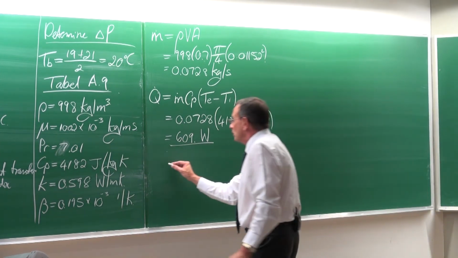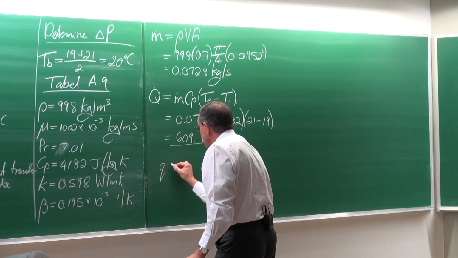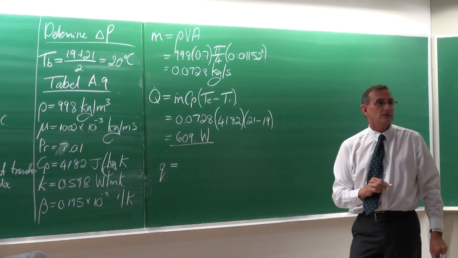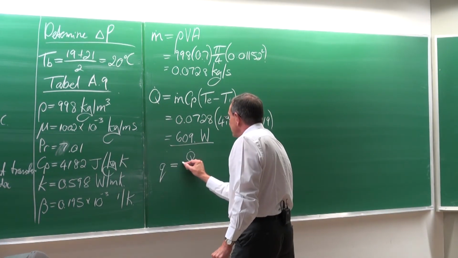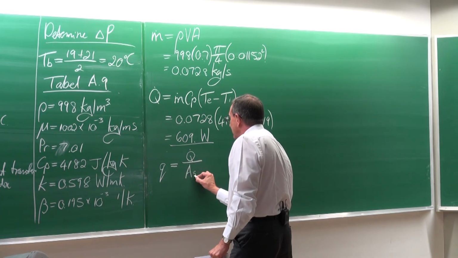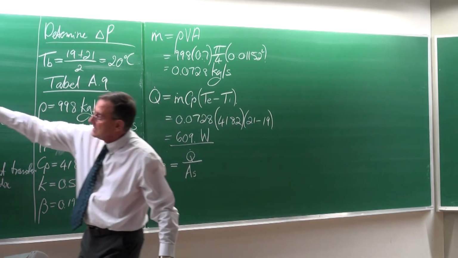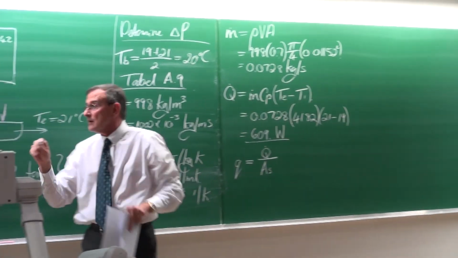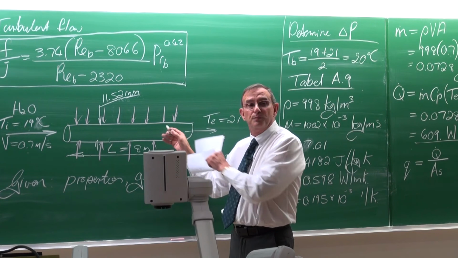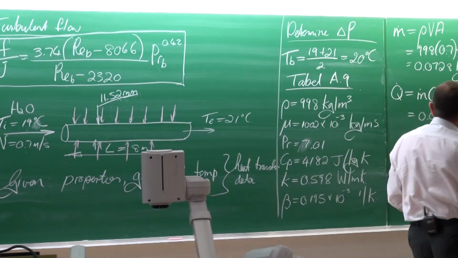Something that we're going to work a lot with is the heat flux, so let's start using it. The heat flux is equal to the heat transfer rate divided by the surface area through which the heat transfer occurs, so that is around the perimeter of the tube multiplied by its length.